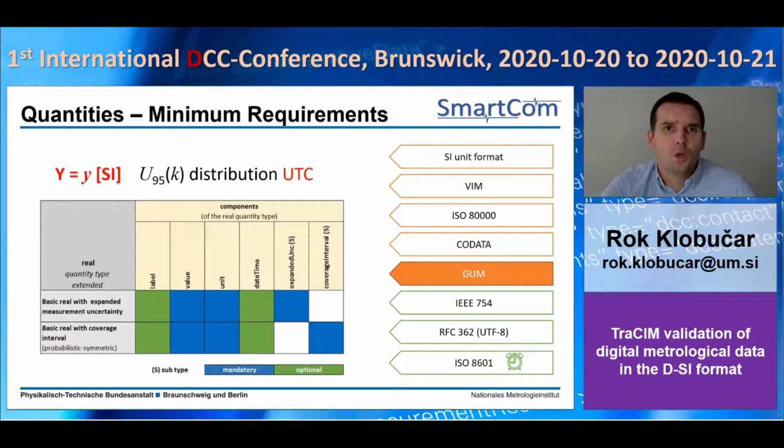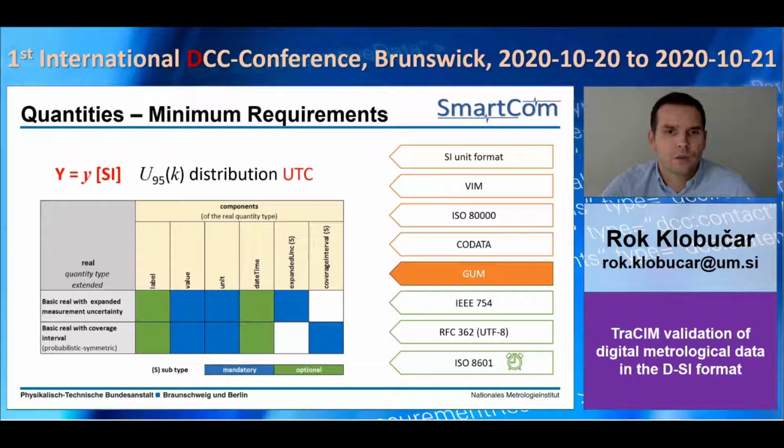If we take a look at a quantity real, this is an example of minimum requirements for this quantity. We should take into account different documents or regulations from the left side. And if we look at the real quantity in this table, we can see that there are different components within it.